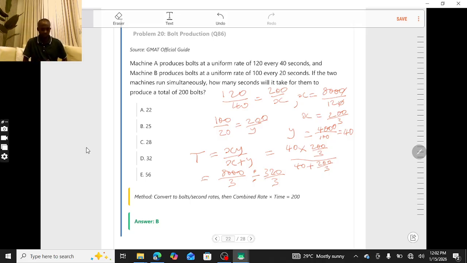Which will now allow us to say 120 plus 200, which is 320, over 3.